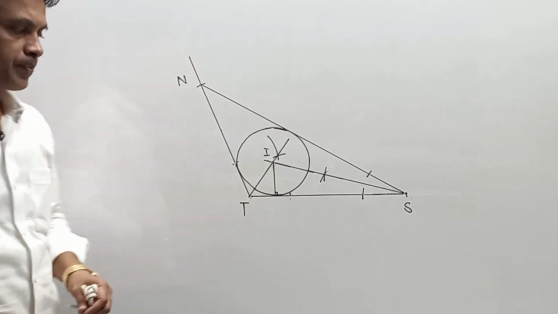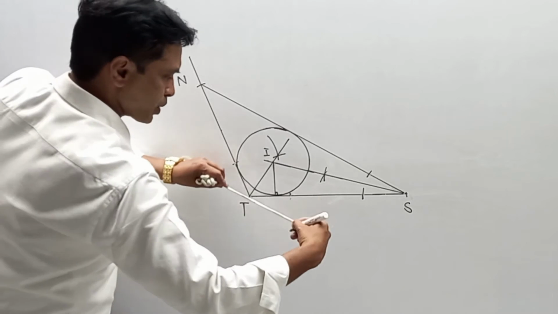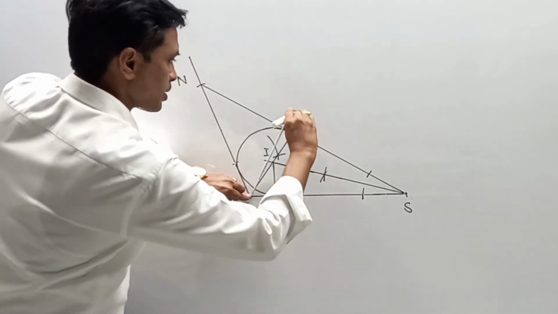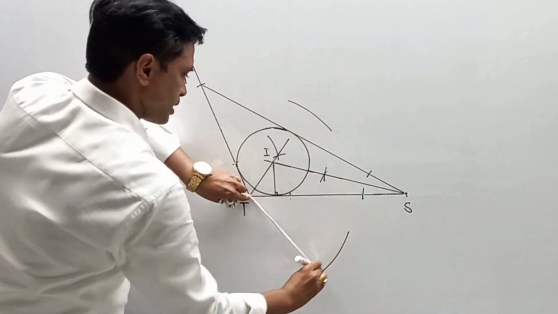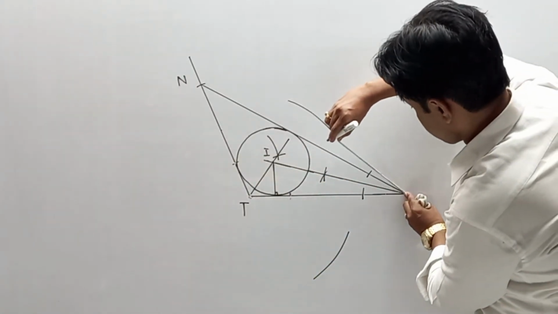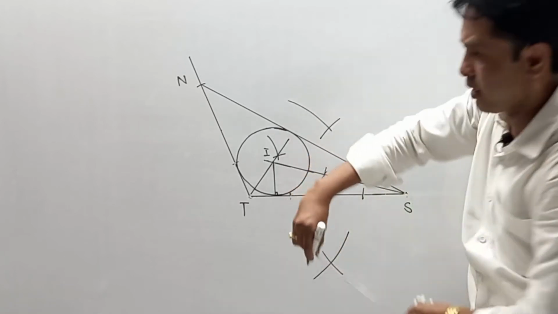Select any two sides. Here, starting with the first side TS, taking a distance more than half, first arc, second arc. Now with the help of point S, first arc, second arc.